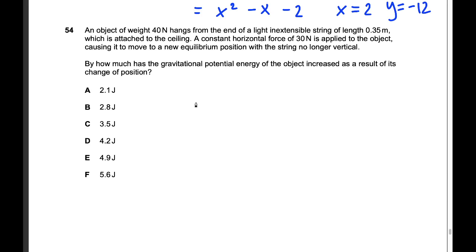So let's draw this one. I've got a mass. It's got a 40 newton force, its weight, going down. I've applied 30 newtons to it here. And what I really need to work out is this angle.